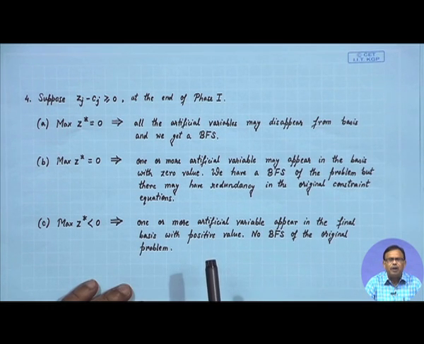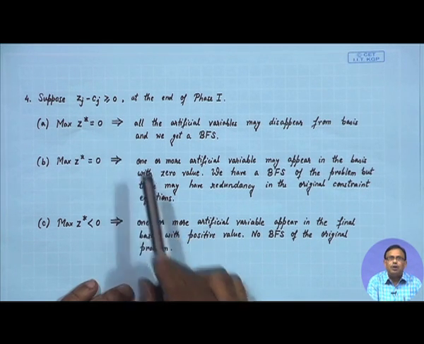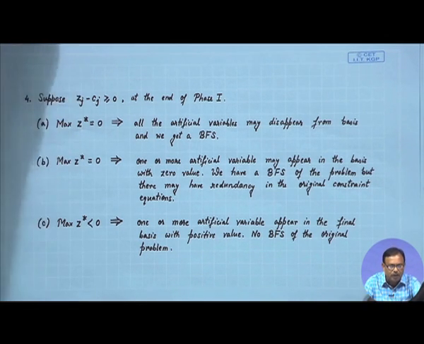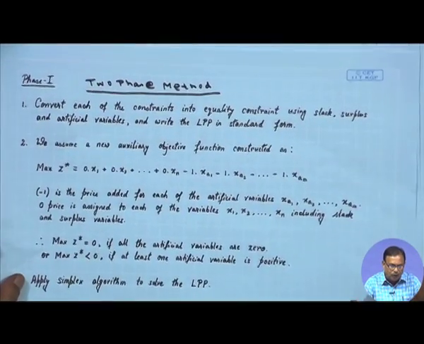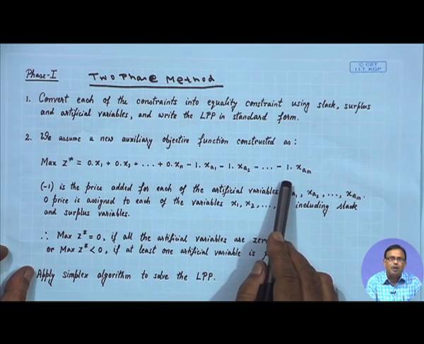Now, what does it mean? Whenever the maximum of z star equals 0, it means that all artificial variables may disappear from the basis, because it will be 0 only when the values of the artificial variables are 0. So, from this maximum of z star equals this objective function, it is clear.